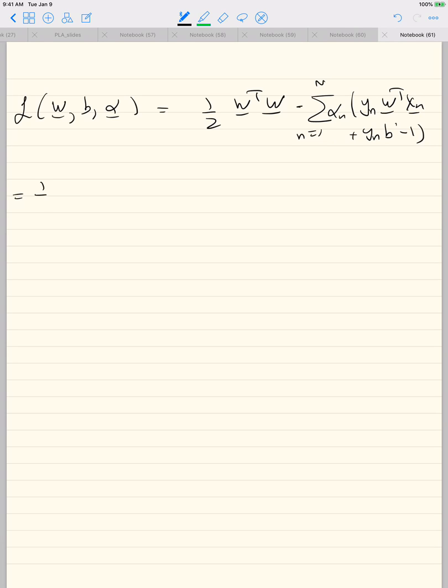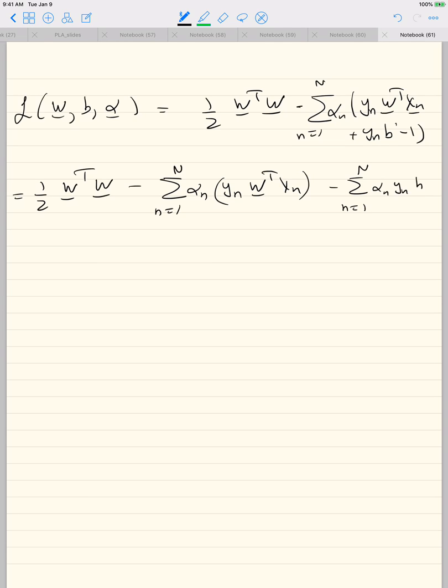And so we can write it as half W transpose W minus the summation of n going from 1 to n of alpha n yn W transpose xn, minus the summation of n going from 1 to n of alpha n yn b, plus the summation of n going from 1 to n of alpha n. Now let's look at the second and the third term.